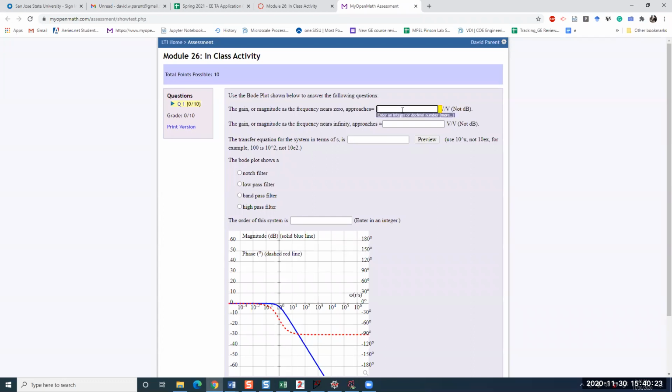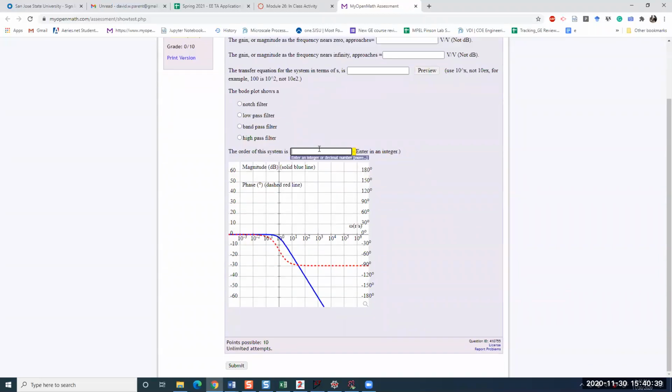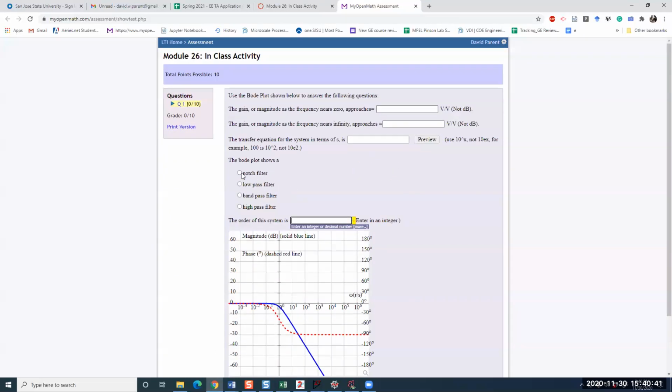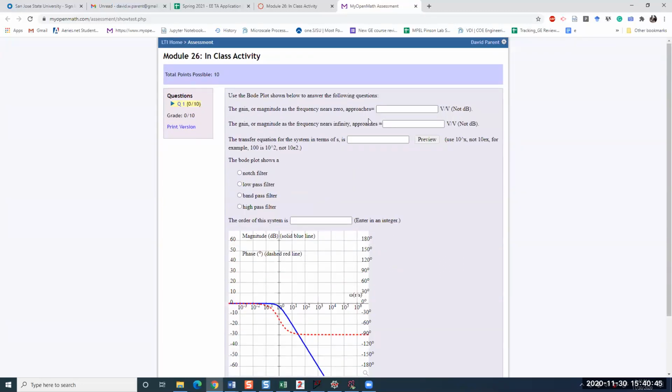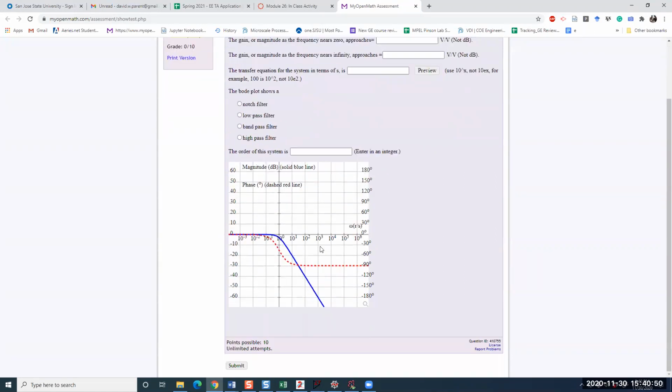You put in the gain, as the frequency nears 0, as the frequency nears infinity, then you come up with a transfer function, what the order is, 1, 2, 3, 4, 5, and whether it's a notch or not, and then submit. This is one of those random type questions, so everyone will have slightly different plots, but you'll be able to help each other out.